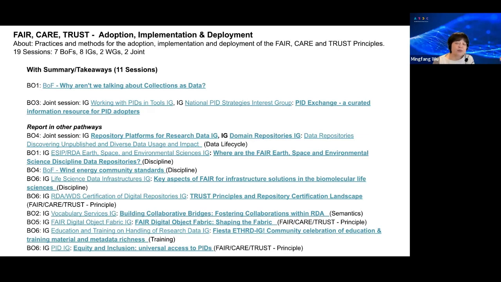This has the most sessions, 19 sessions. 11 of them provided a summary or takeaway message, but we will report 2 of them here. The remaining 9 sessions will be reported somewhere else.